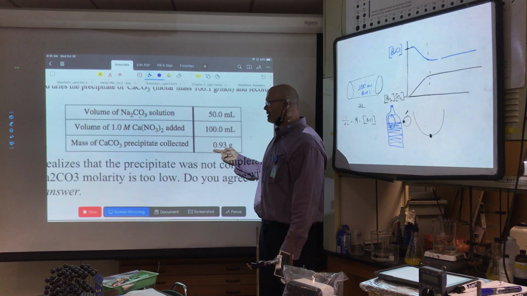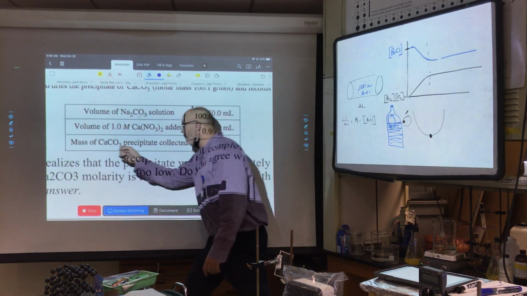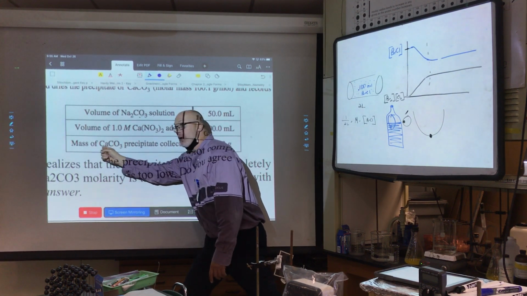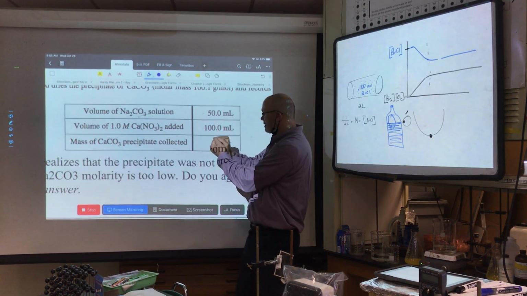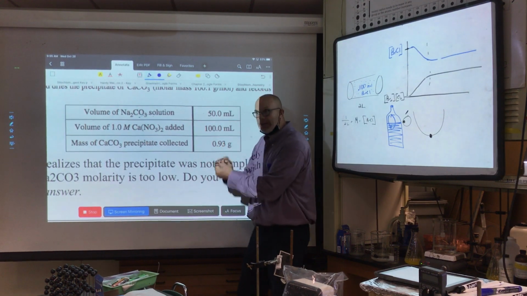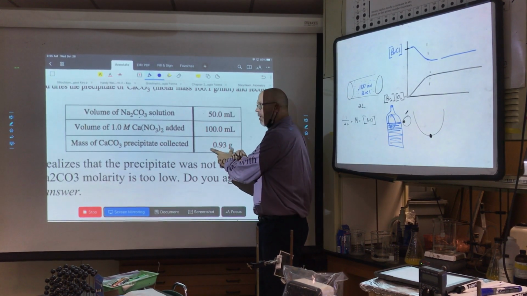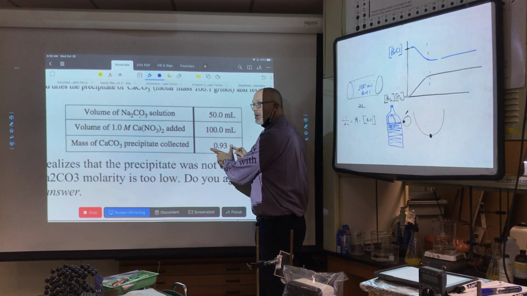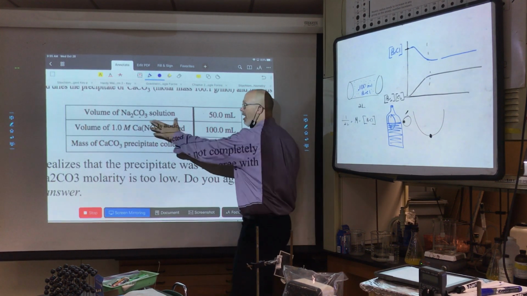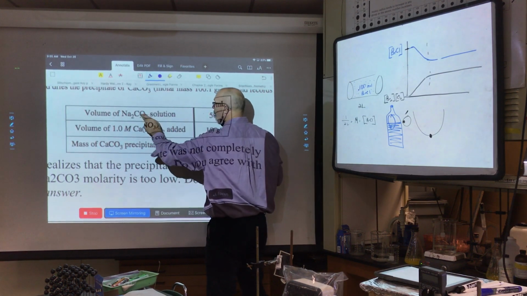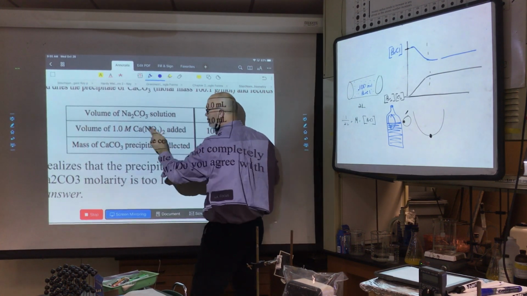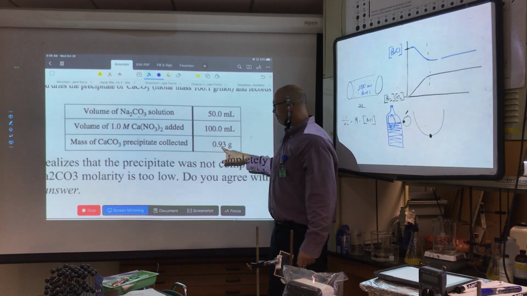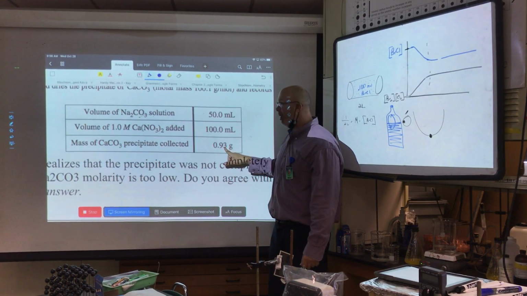We added excess calcium nitrate so that every single carbonate could find at least one calcium and make that crystal. We dried it, collected it, and now we have 0.93 grams. We want to know the moles. The question is, how many moles of sodium carbonate did you have originally? We dissolved this, sodium is spectating, all the carbonate was in the solution, and all the calcium found it. Well, convert this to what? Moles.